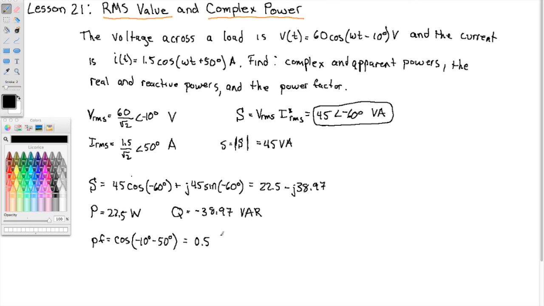And we'll say this is leading. The current is leading. And that is because Q is negative. So we'll say this is a leading power factor angle. Okay? And so we have everything we need.